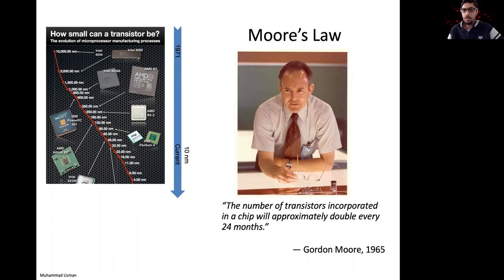And that way you can have the same area of the processor, and you can pack double the amount of transistors. And you can see from this curve that I'm showing on the left side, the transistors have been constantly reducing to half every 1.5 years. And that has been increasing the capacity of the microprocessors. Right now, we are at the level of around 10 to 15 nanometer node.